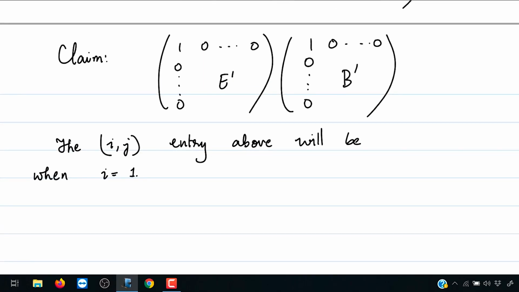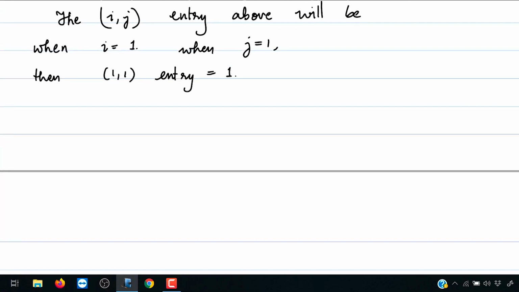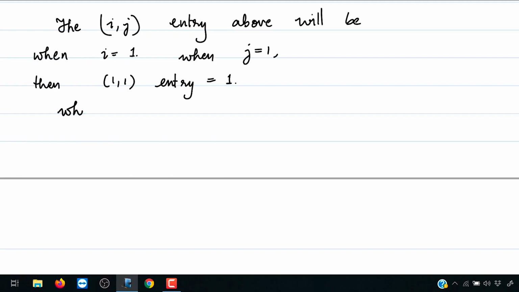First, let's see what happens when j is equal to 1. Then the 1,1 entry is equal to 1. And when j is not equal to 1, what will happen?